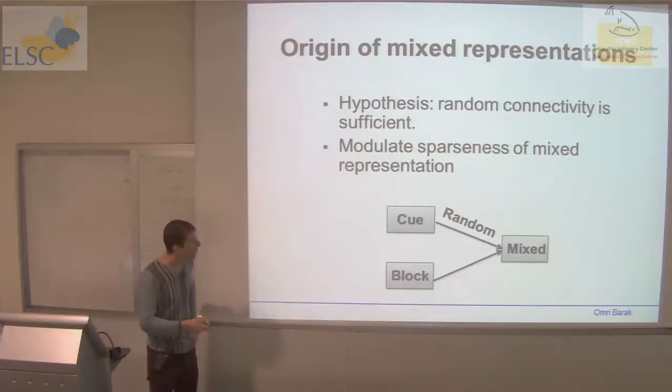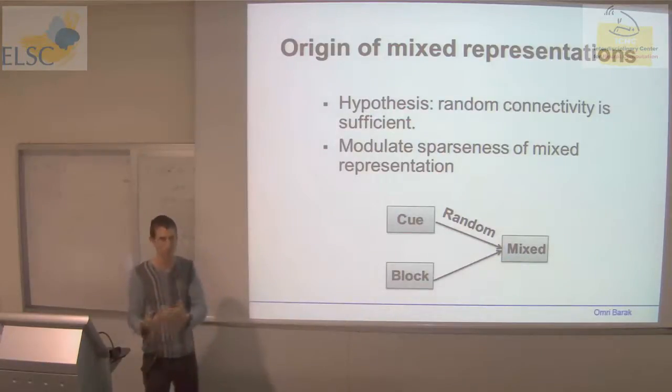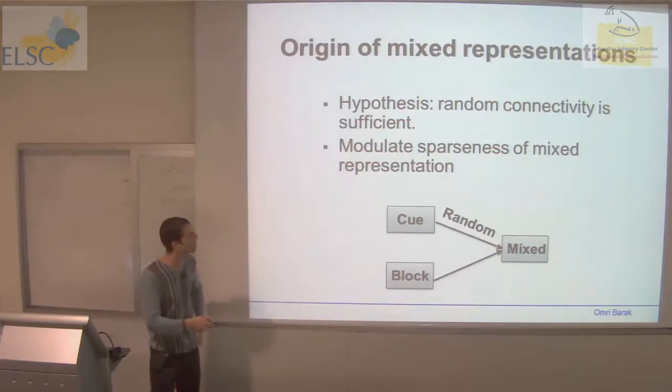And the parameter I used, again, to vary the representation and compare one type to the other is the sparseness of this coding. So I changed the threshold of these neurons, thereby affecting the coding level or sparseness of the mixed representation and checking the effect this has on classification accuracy.